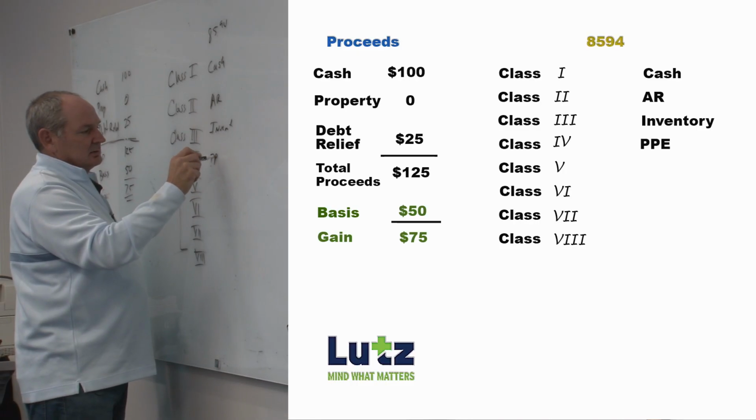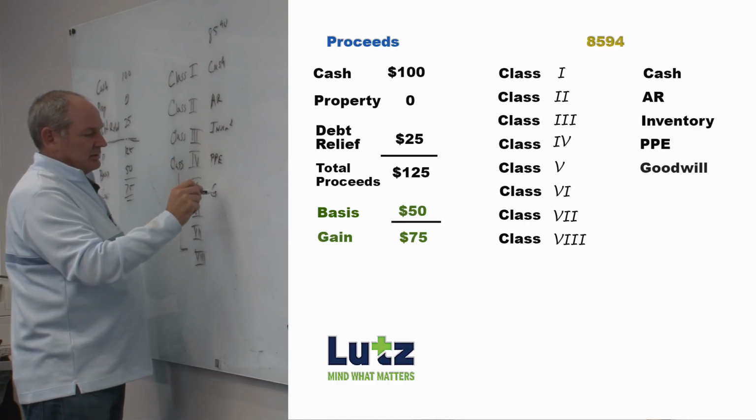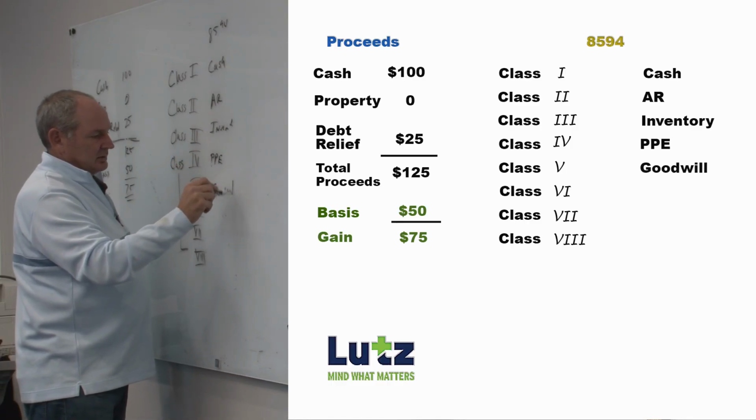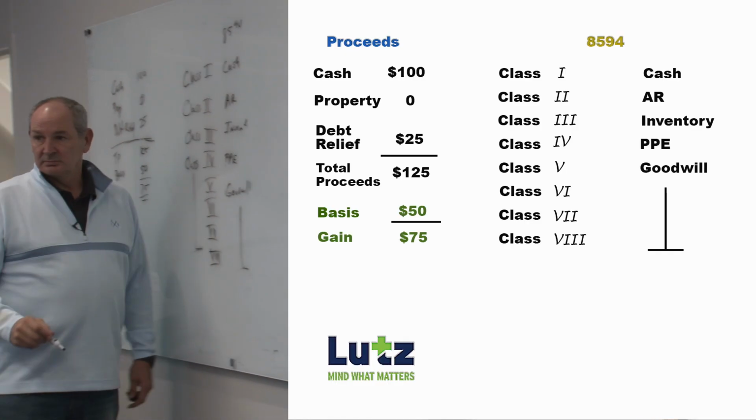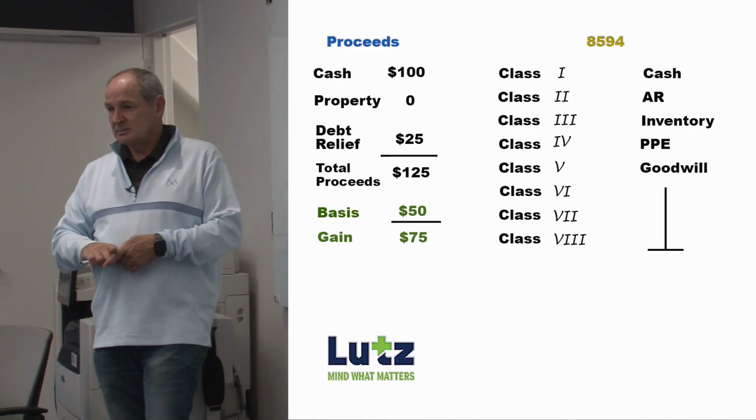Publicly traded stock, marketable securities, up there somewhere. I always get a little lost. We're going to pretend it's AR and inventory, even though this isn't right. 4 is PP&E, I think. And this is all goodwill, intangibles, something along those lines.